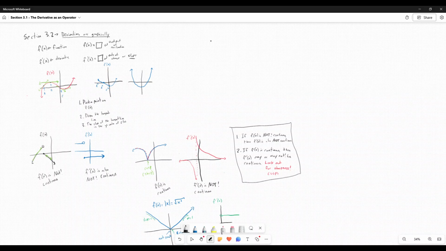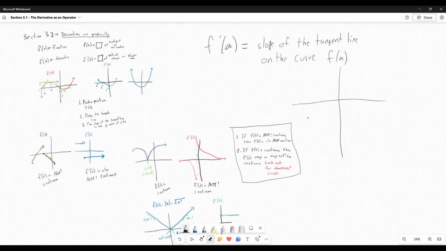But as a reminder, F prime of a equals the slope of the tangent line on the curve f of a.